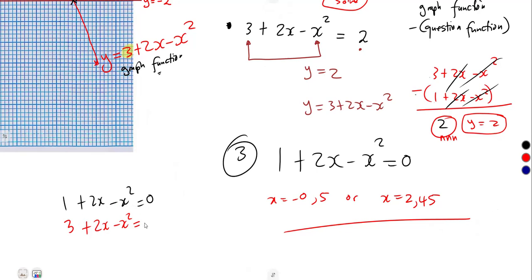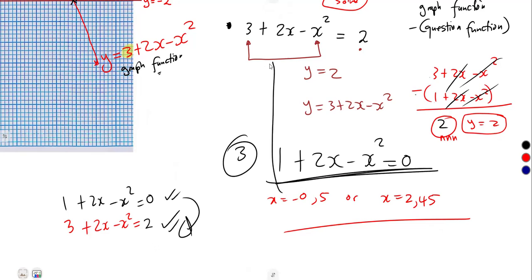When you take it to the other side, it will be a positive. So when you bring it back, it's 3 minus 2, which is 1. You are not supposed to change the meaning of the question. You must remain with the question as it was. So this presentation and this presentation are one and the same. This question here could have been asked in this manner: solve this equation when it is equal to 2.